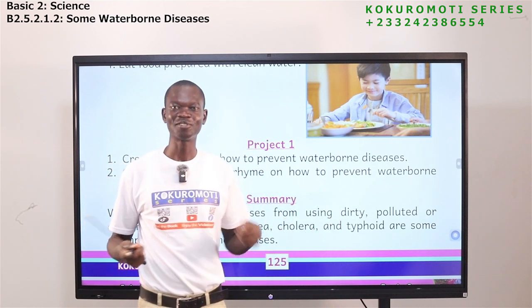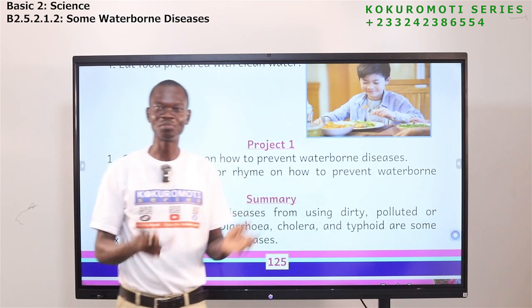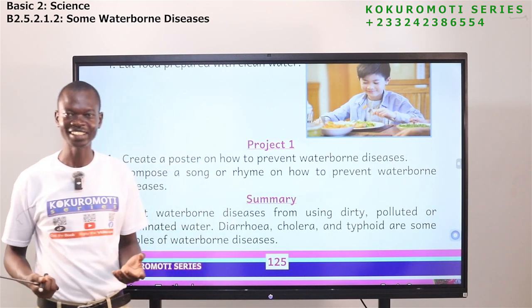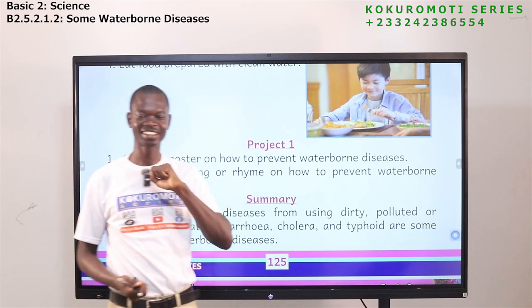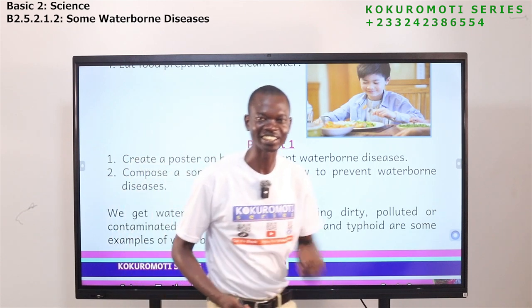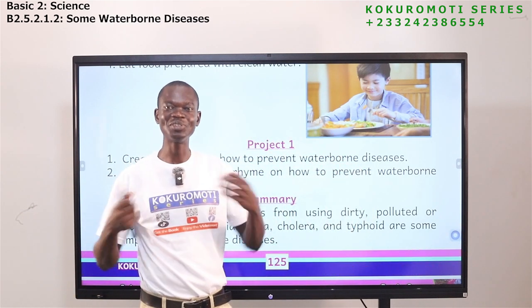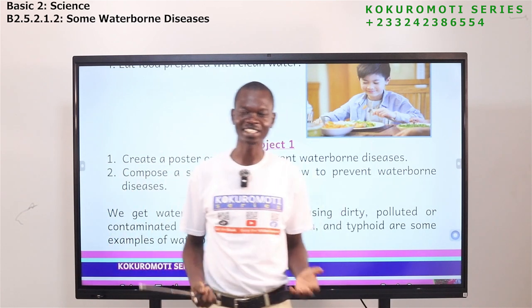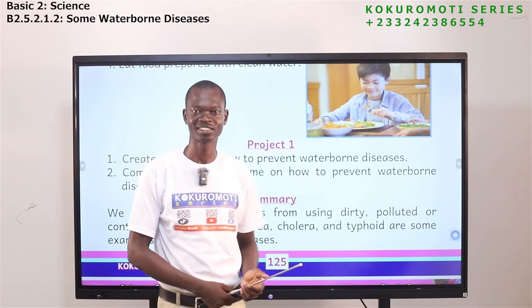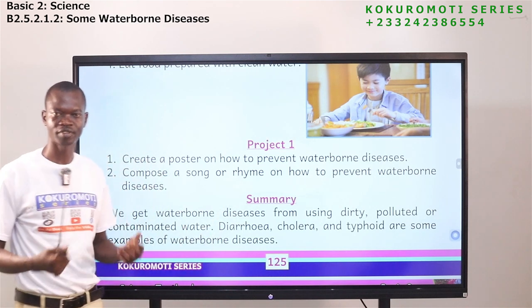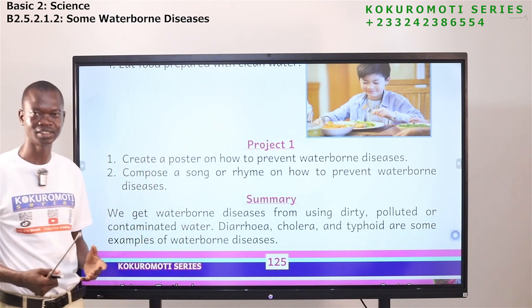We should filter the water to remove solid particles from the water. What again? We should drink safe or clean water. And what again? We should use clean water or safe water to prepare food. Okay, so these are the things that we can do to prevent waterborne diseases.